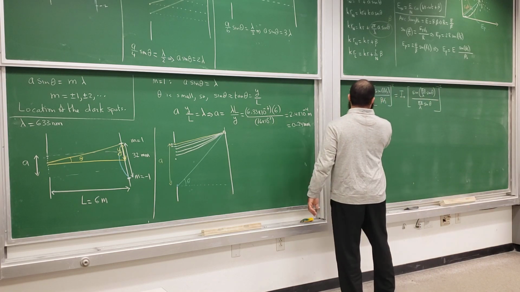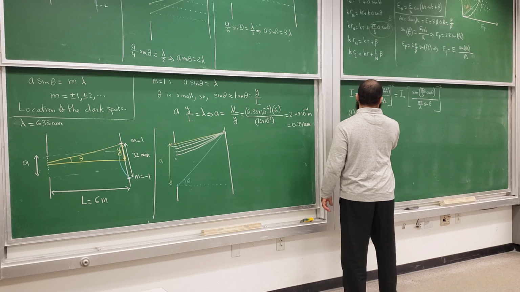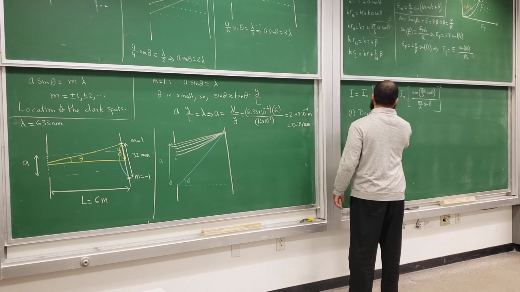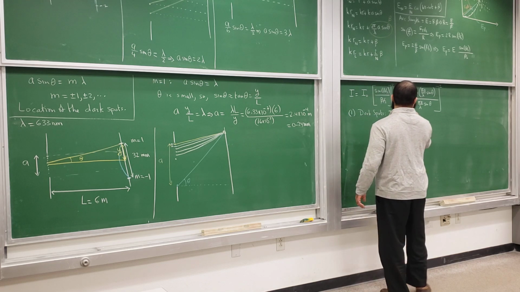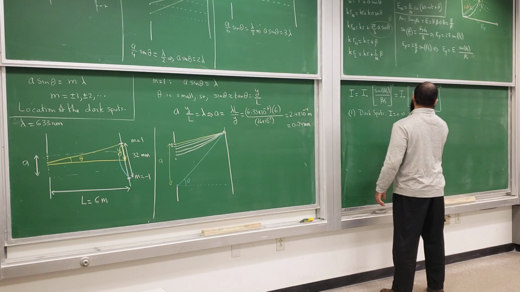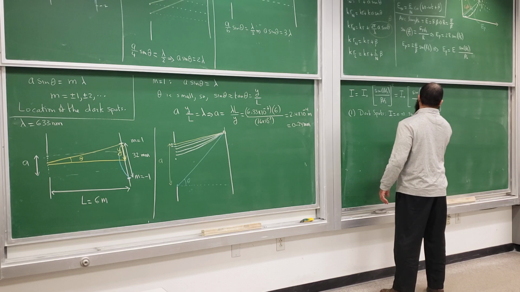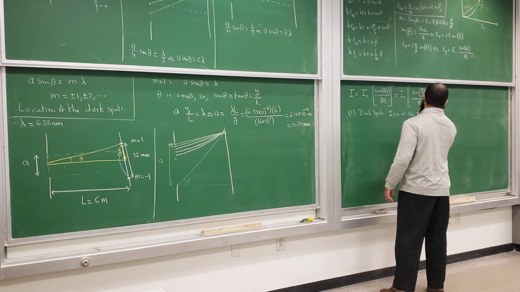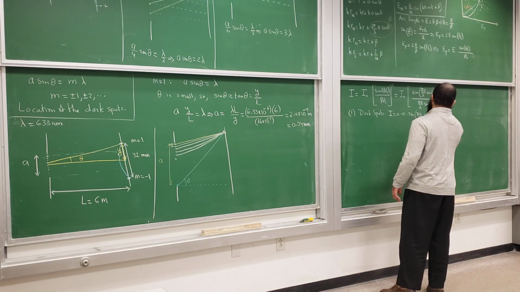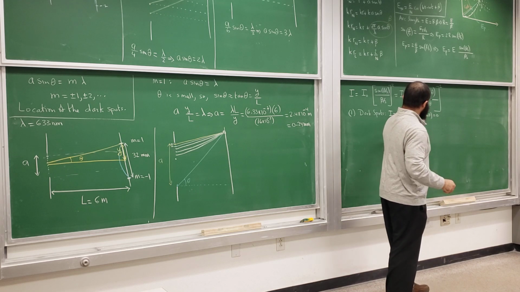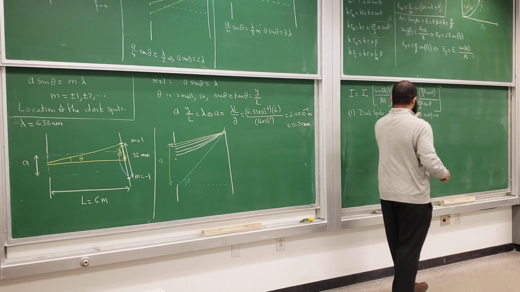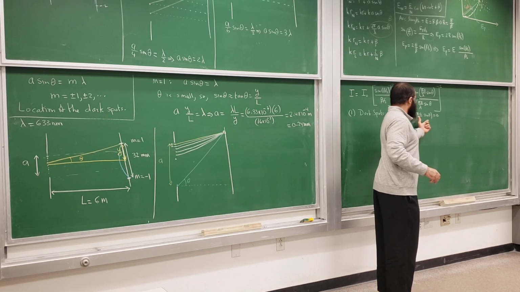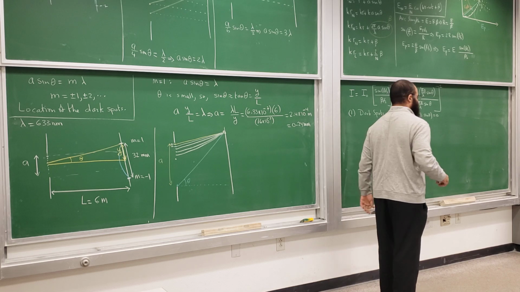So for dark spots, the intensity is equal to 0, which means sine of pi a over lambda times sine theta is equal to 0. Again, I'm going to treat the case where theta is equal to 0 alone. This one is for when the inside is pi or 2 pi or 4 pi.